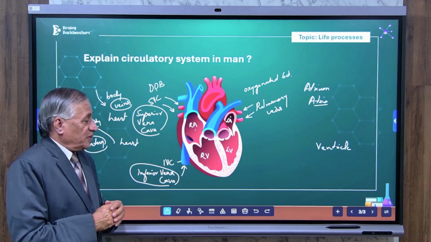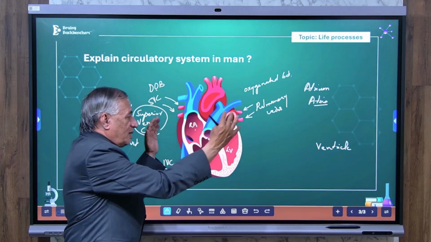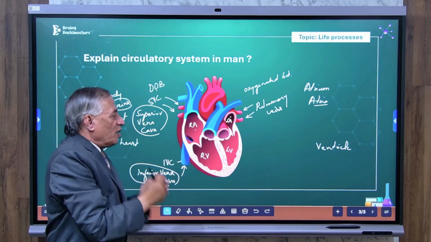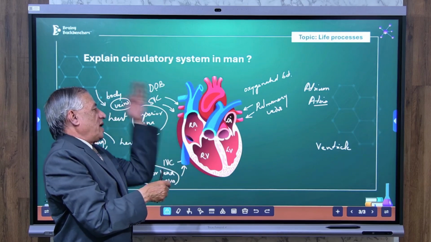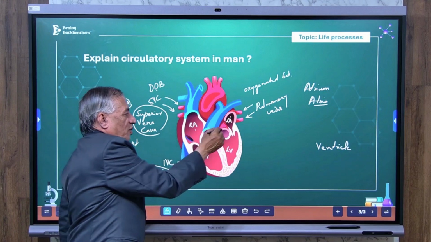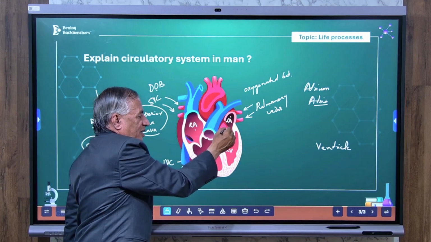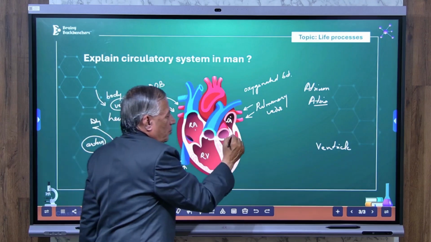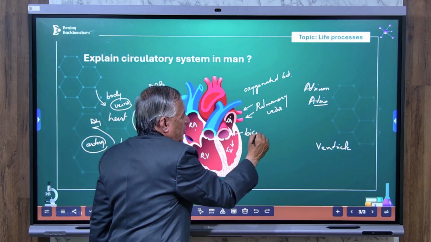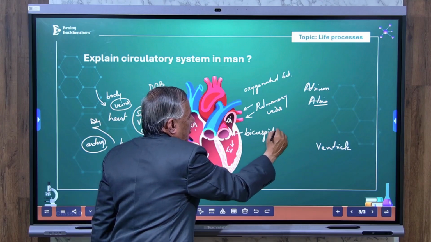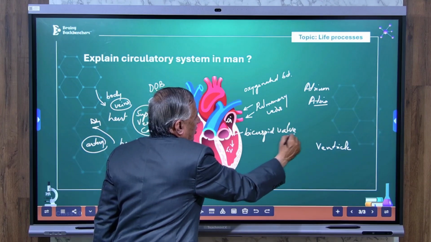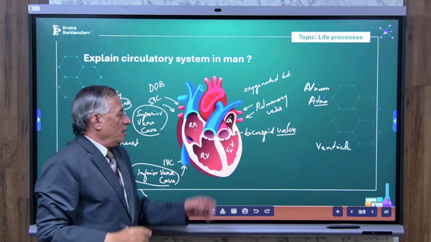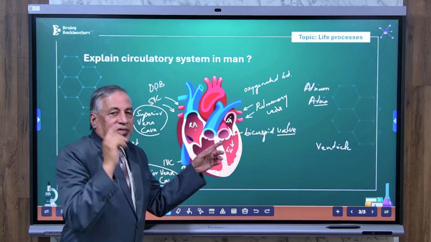Second step, what happens? When auricles contract, what happens to that blood? It cannot go back. Therefore, it enters from the left atrium to the left ventricle through the bicuspid valve. What do you mean by this valve? There is only one way entry.